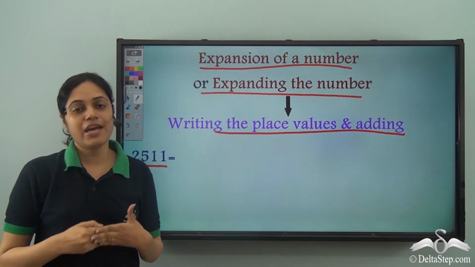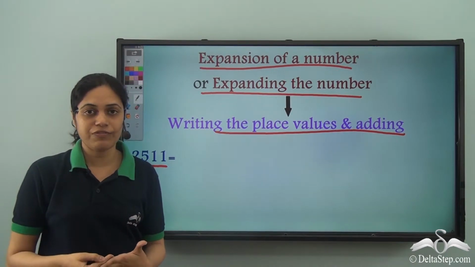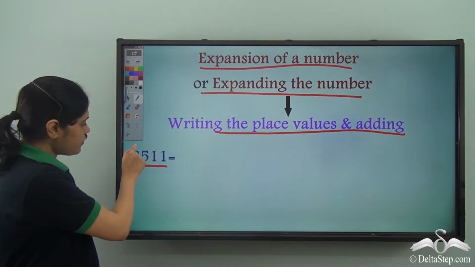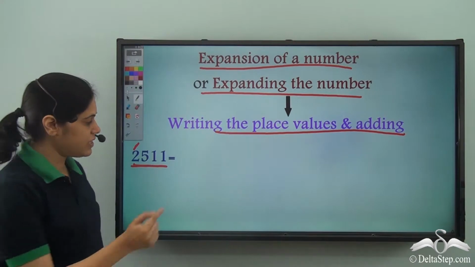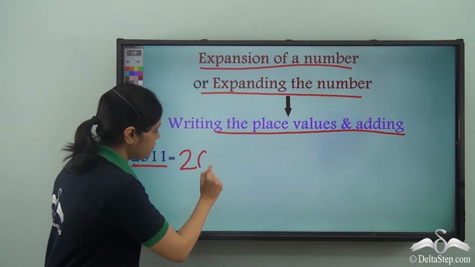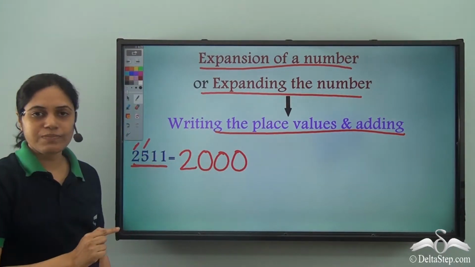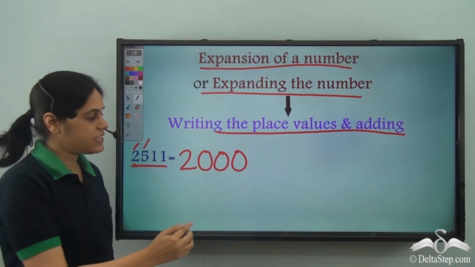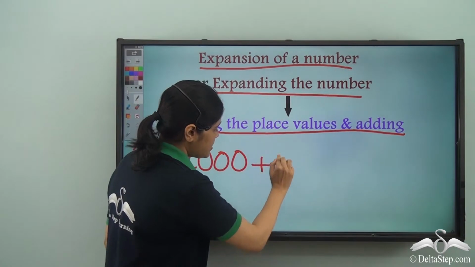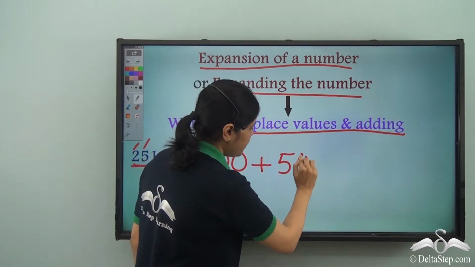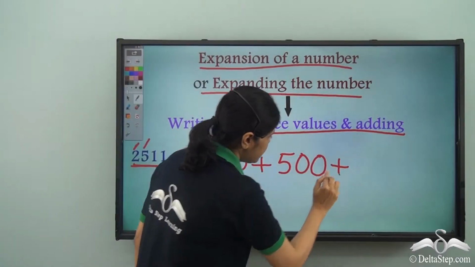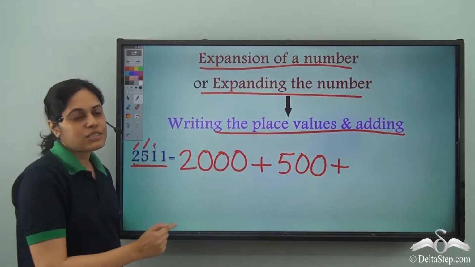So first I need to write the place value of the different digits. So 2 is in the thousands place, so 2000. 5 is in the hundreds place. I need to add the place values, so plus 500, plus there is a 1 in the tens place.